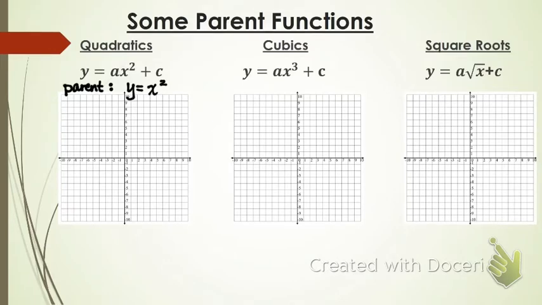All right, so parent function, y equals x squared. When we go to graph functions, any kind, we get to choose our input values, the independent variable. Which one is the independent variable, the x or the y? X is our independent variable. So we get to pick the x's. I want to know, when I'm graphing things, the behavior that's happening to the output.